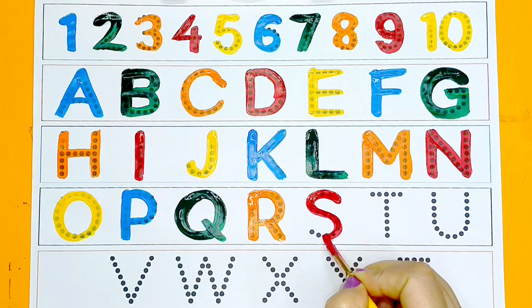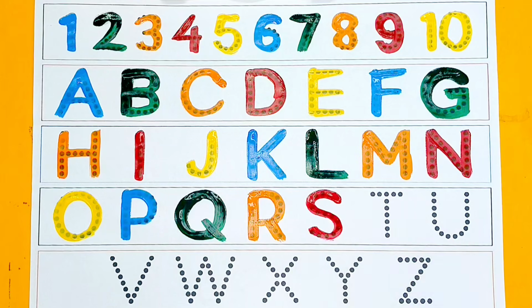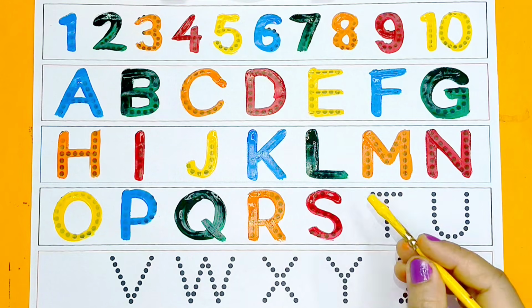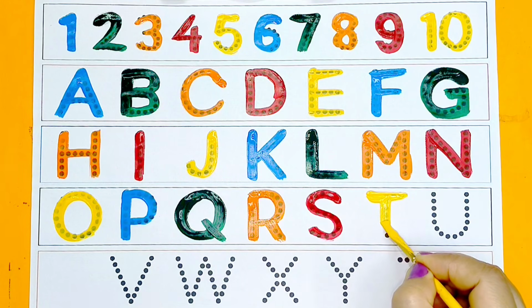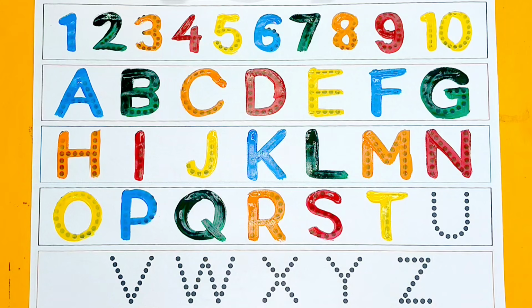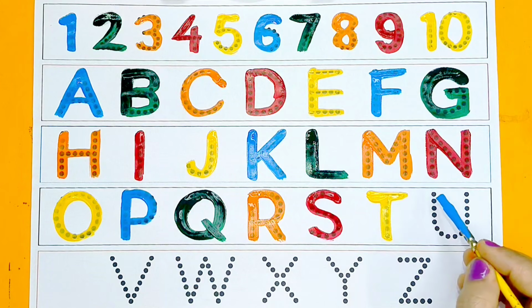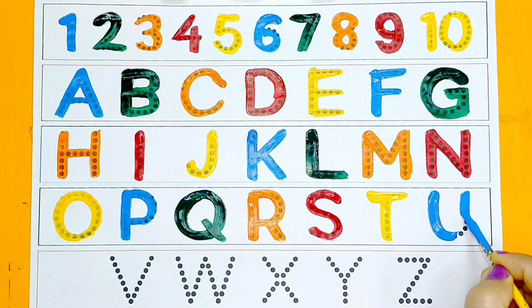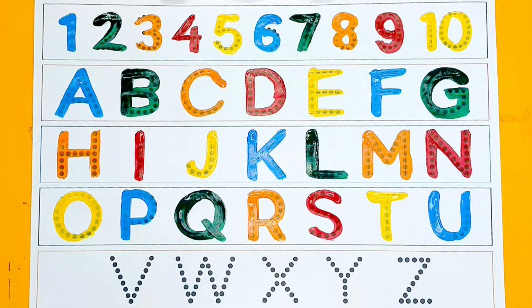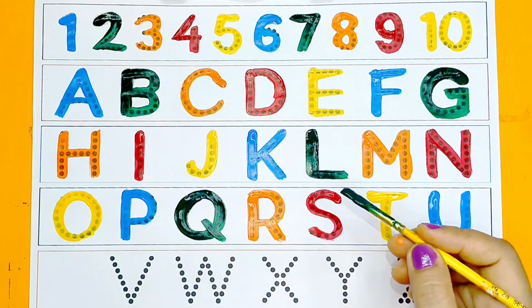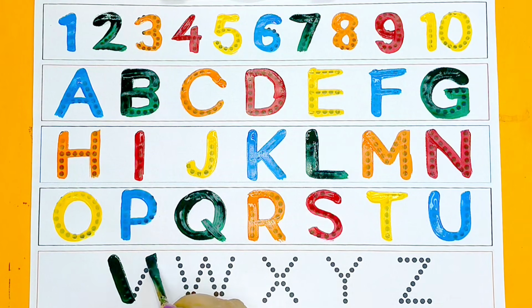S. S for sun. T. T for tiger. U. U for umbrella. V. V for volcano.